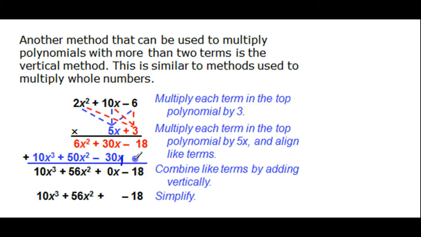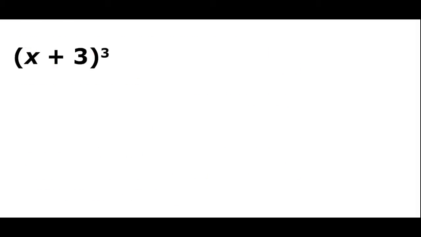Now remember, a lot of you sometimes put an x here or a circle or something. You do something to hold that spot and say don't use it. Then I'm going to multiply the 5x times the negative 6, times the 10x, and times the 2x squared. And then your like terms are lined up one right underneath each other. You may use any of those methods that you would like.